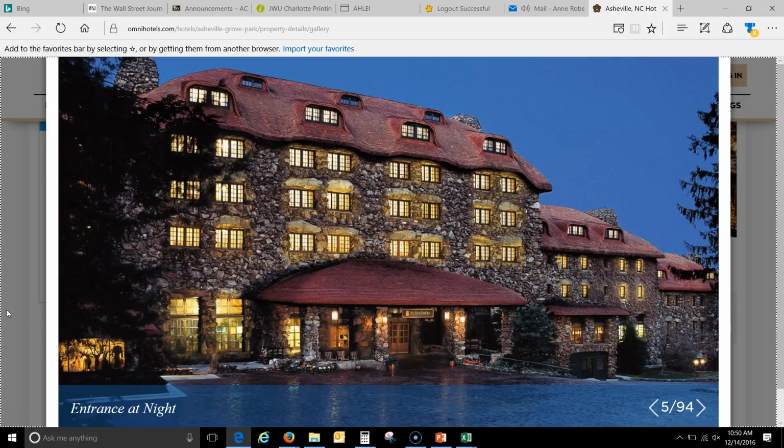All right. Now, when the Omni bought them out, guess what happens accounting-wise? The Omni now has to put this asset of this hotel building on its books and has to start depreciating it again.